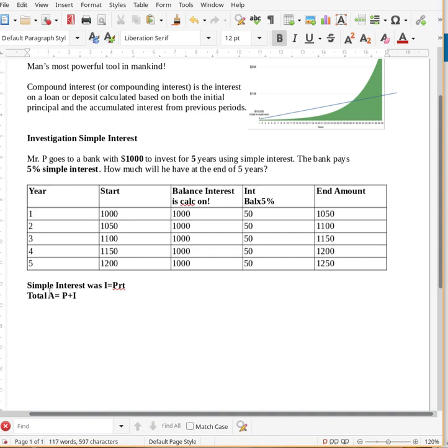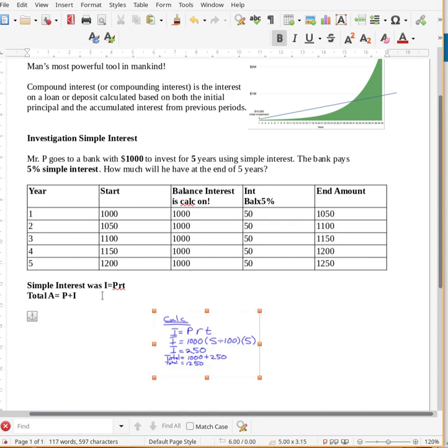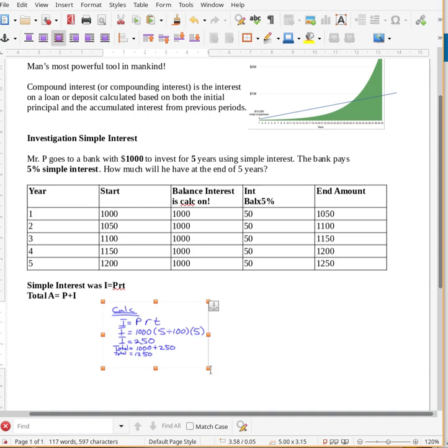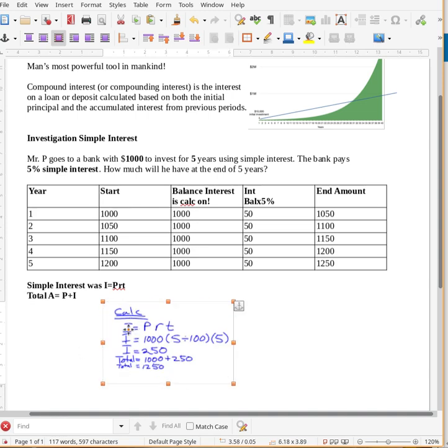All right, so let me show you what that means mathematically, okay? So our calculation for simple interest of 5% is given by this, right? We take I is equal to PRT. 1,000 times 5 divided by 100 gives us 5%. And then we multiply by the number of years, which is 5. Then we end up with $250.